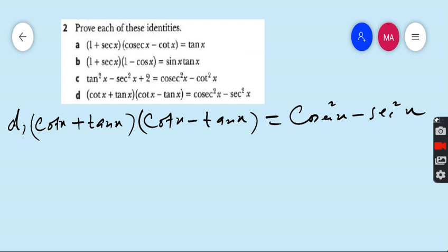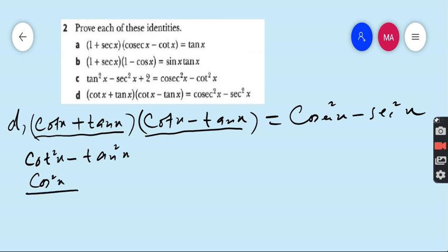So taking the left hand side, if you see carefully, we can apply the formula a square minus b square, because (a plus b) into (a minus b) is always equal to a square minus b square. So here a is cot, so it is cot square x, minus b is tan, it is tan square x.